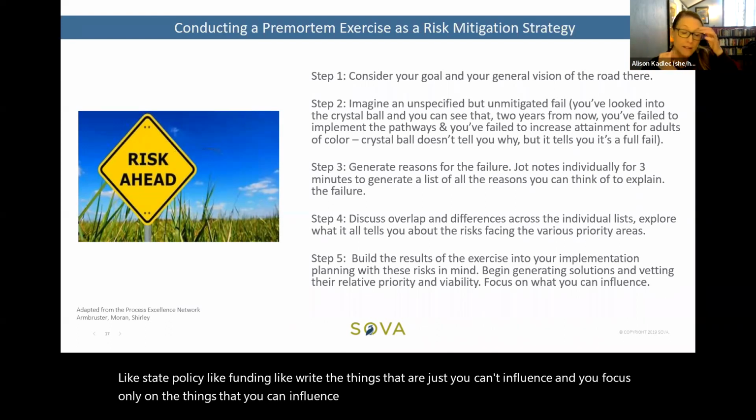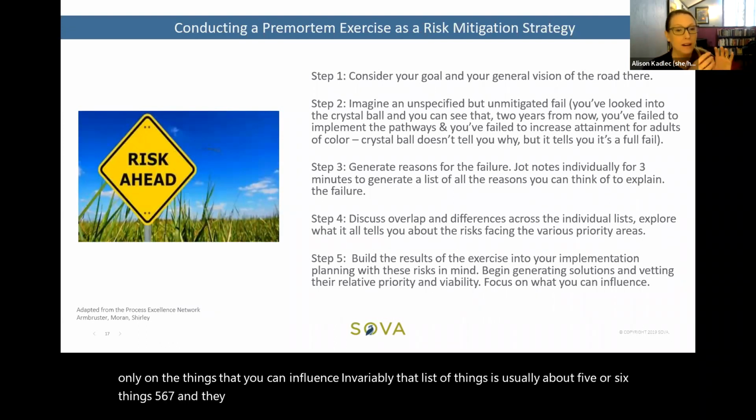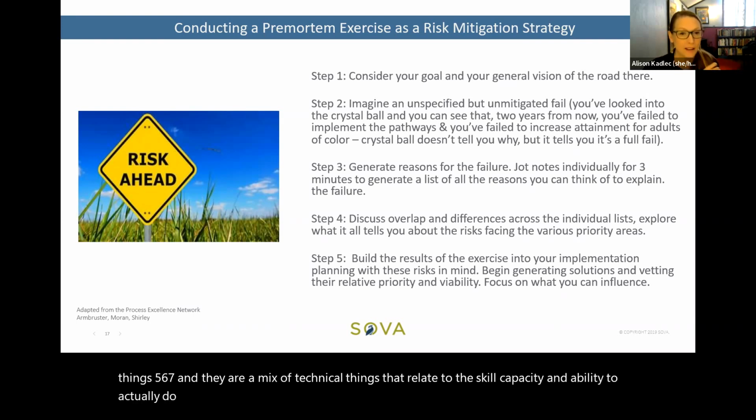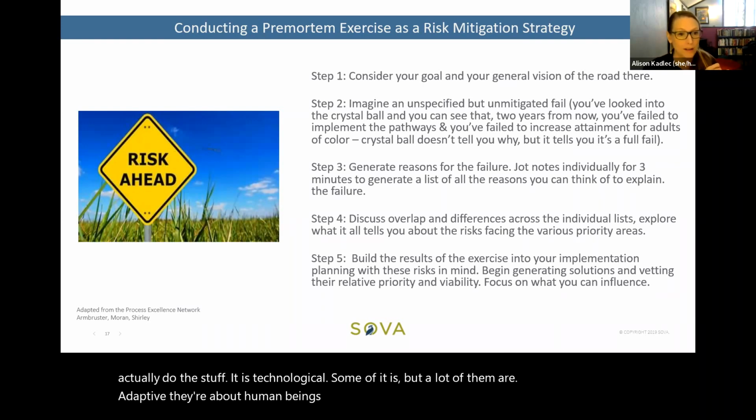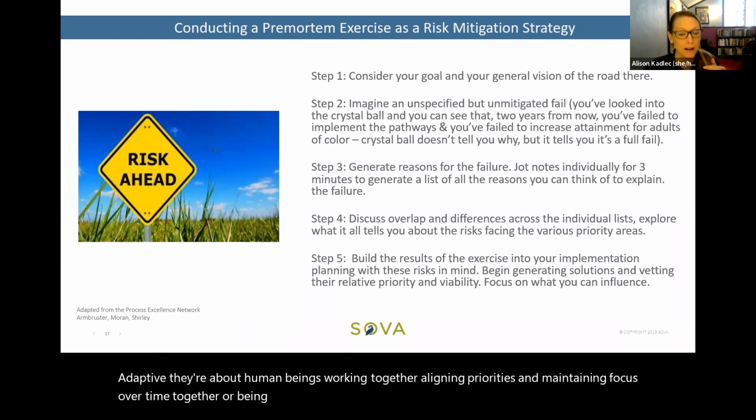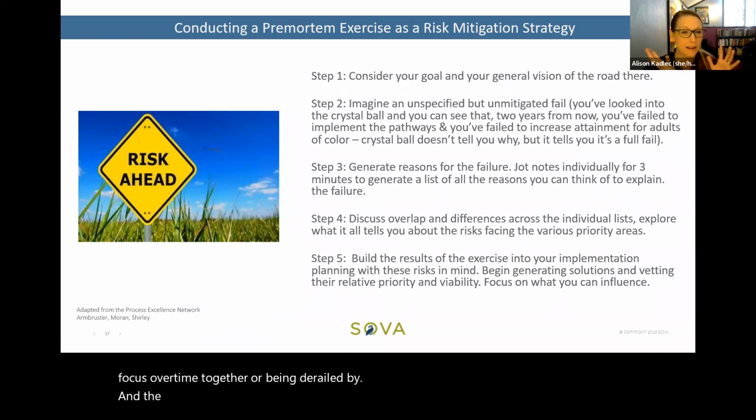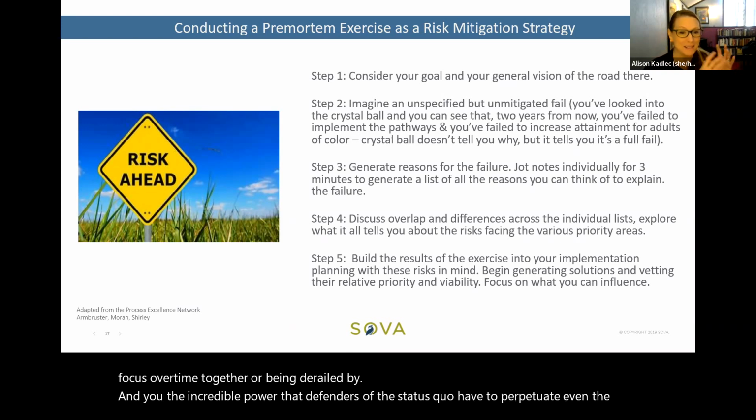Invariably, that list of things is usually about 5, 6, 7, and they are a mix of technical things that relate to the skill, capacity, and ability to actually do the stuff. Some of it is technological, but a lot of them are adaptive. They're about human beings working together, aligning priorities, and maintaining focus over time, or being derailed by the incredible power that defenders of the status quo have to perpetuate even the most indefensible status quo.